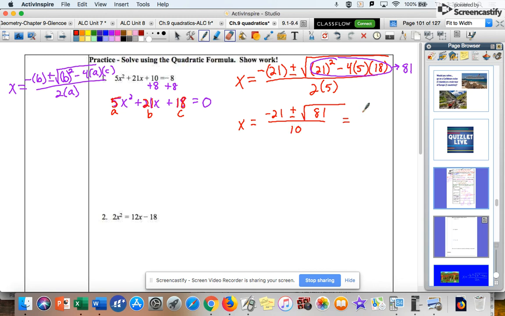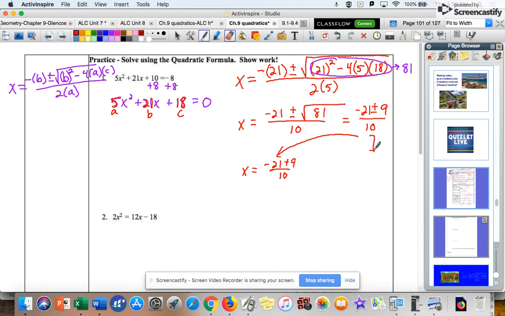Now let's just do the square root. So that's negative 21 plus or minus the square root of 81 is 9 all over 10. All right, so now let's split that into our two solutions here. I guess I'll keep with red. So one of these is going to be x equals negative 21 plus 9 over 10.